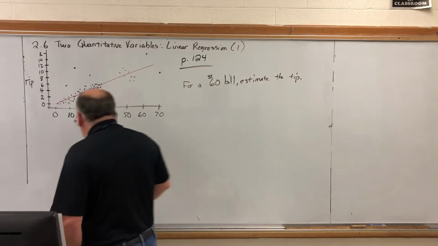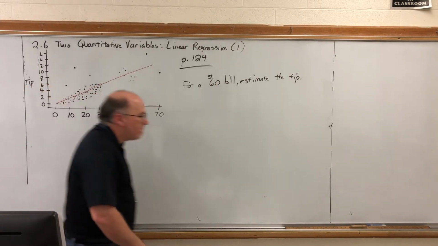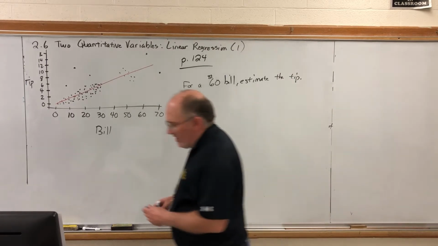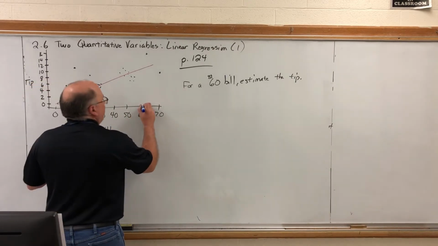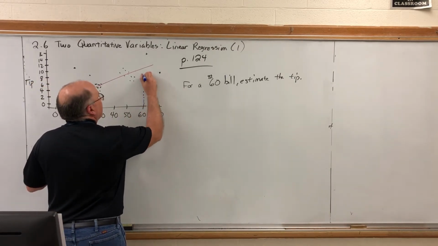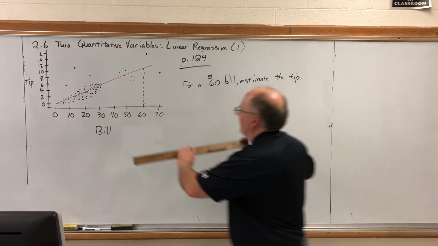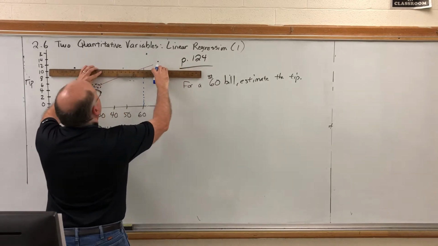Well, if we had this visual, then we could just take advantage of the graph by going over to the $60 on the horizontal axis, and then going up to the line, and then going horizontally from there over to the vertical axis to see where about it would land.